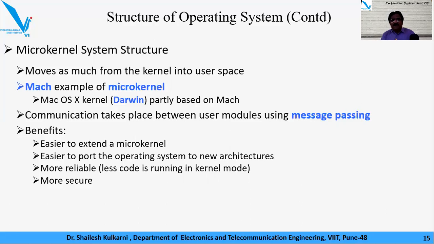The second benefit, as it is a very bare minimum set of services, is that porting of those services to the underlying architecture also becomes easier. Otherwise, every service needs structural support from the underlying architecture. You have to marry the functions which are there in the kernel to the underlying architecture.